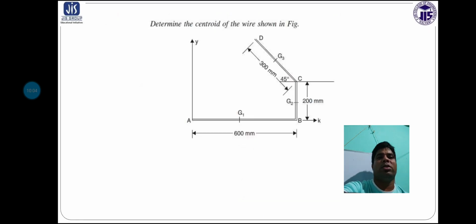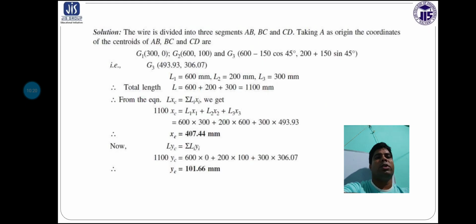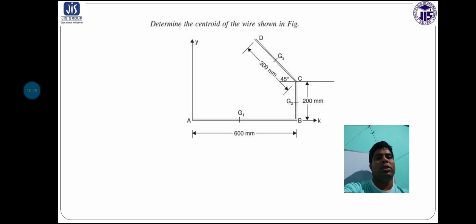Now determine the centroid of the wire as shown in the figure. If I consider a wire with a length of 600 millimeter, how do we calculate the centroid of the wire? The wire is divided into three segments: AB, BC and CD.